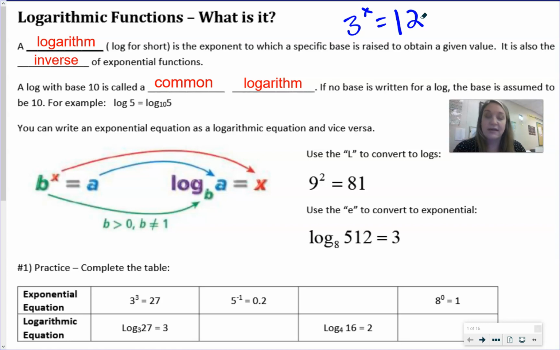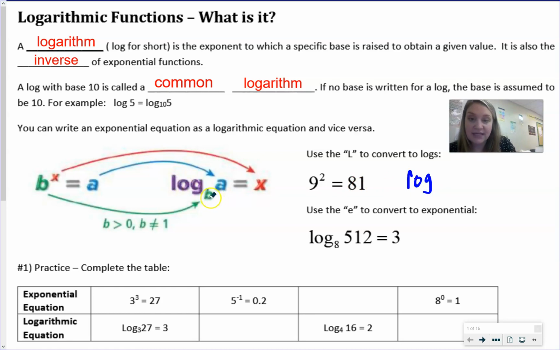So in order to do that, since we are used to seeing exponentials, we can rewrite the two back and forth between each other. So if I am given an exponential, like 9 squared equals 81, that's an exponential form. I can convert it to a log if I use the L. Okay, so you'll notice here, logs always start with the word log. That shows it's a logarithm. See how my base comes first?